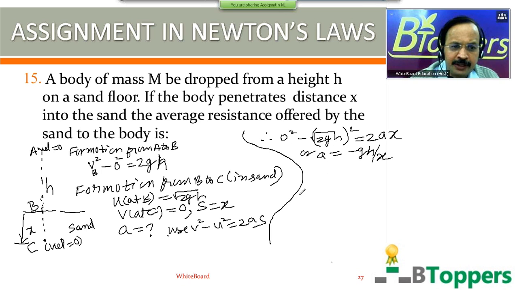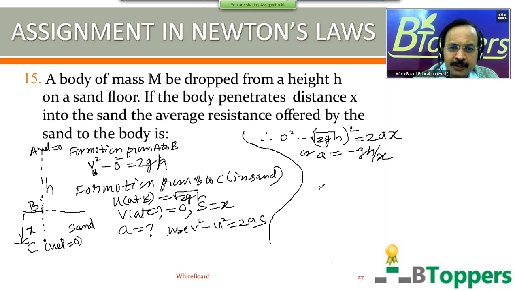We have taken the downward direction as the positive direction, with positive sign for velocity and displacement in the downward direction. So we got a negative sign for acceleration, meaning acceleration is directly opposite to the motion. That means the retarding force exerted on the body by the sand will be directed upwards.